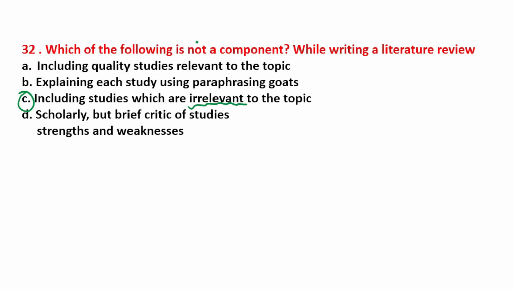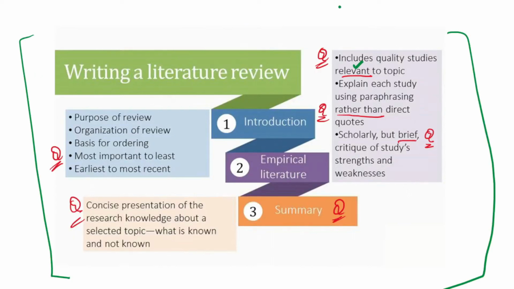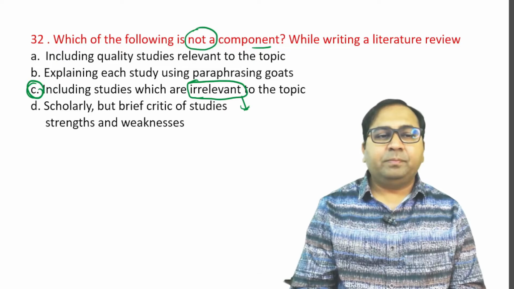So therefore, we have taken this as the answer, because the question was which of the following is not a component. Including studies which are irrelevant to the topic is not a component, because the component will be it should include quality studies which are relevant to the topic. So similarly, please go through all the other options, because each and every sentence has been asked as a question in the empirical literature, also in the summary part, and also in the introduction part, as we have seen previously in one of the questions.